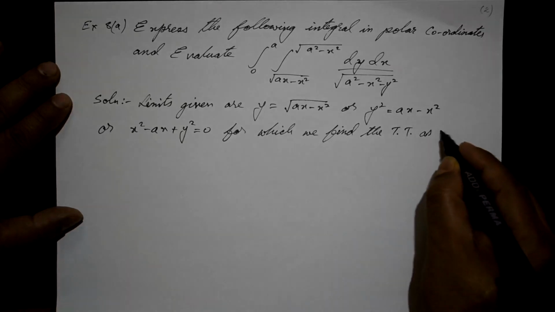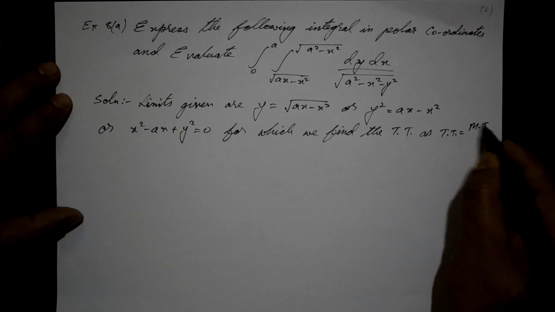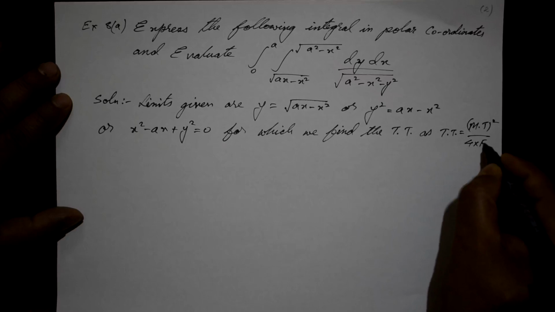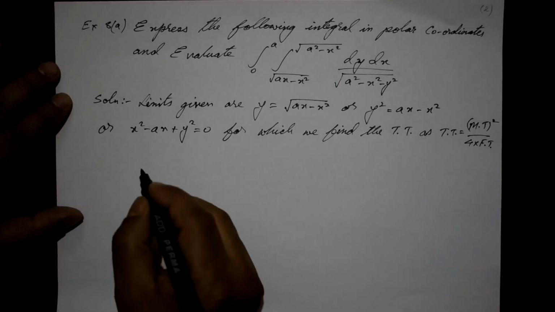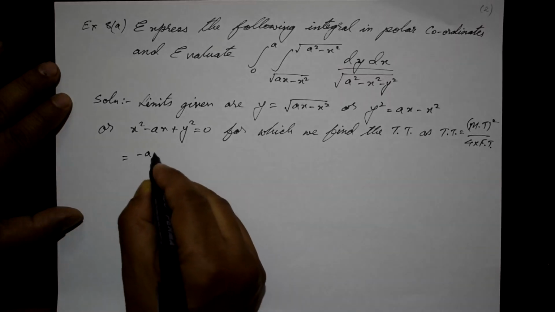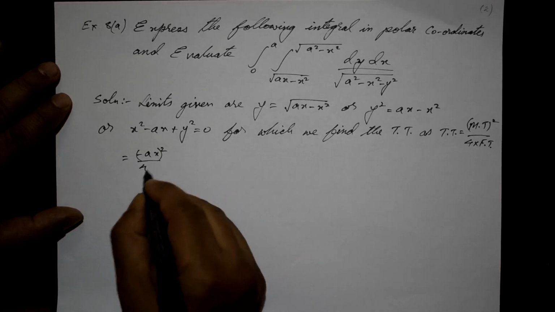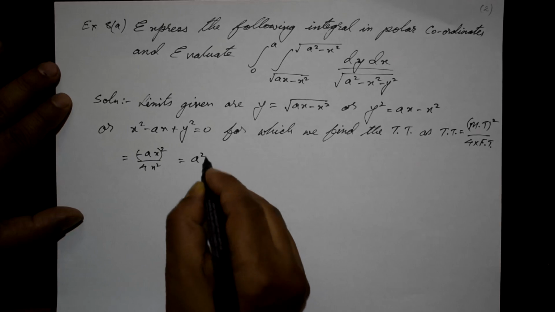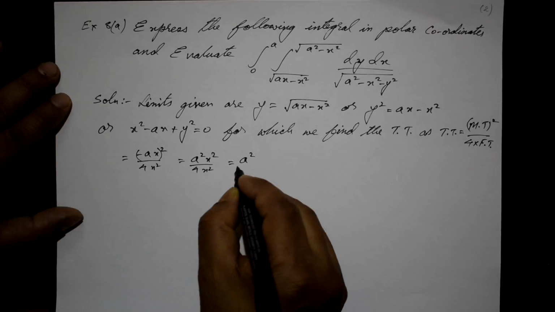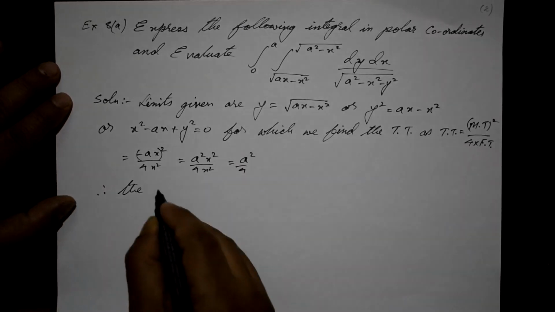So we find the third term is equal to middle term square by 4 into first term, which is equal to minus ax whole square by 4 x square, which is equal to a square x square by 4 x square, which is equal to a square by 4.